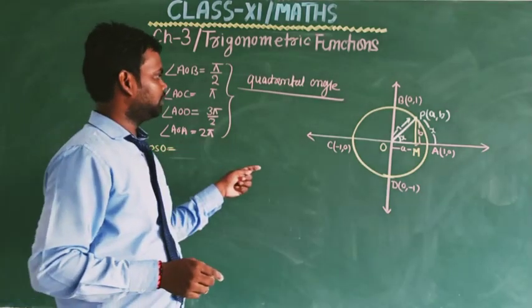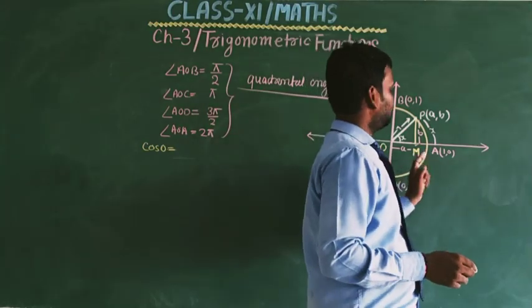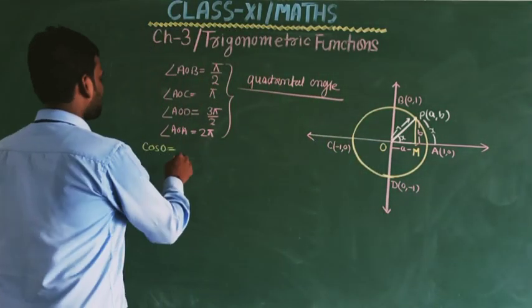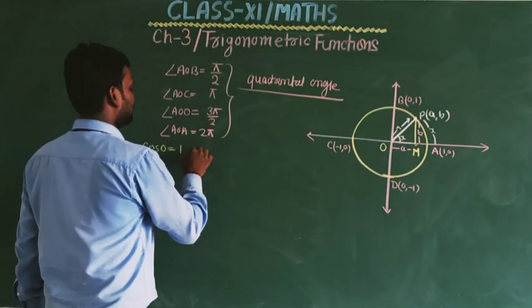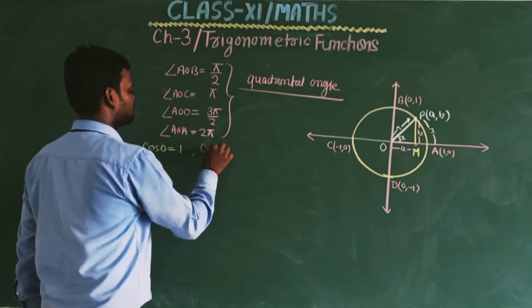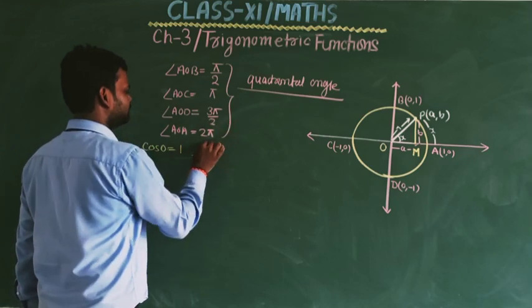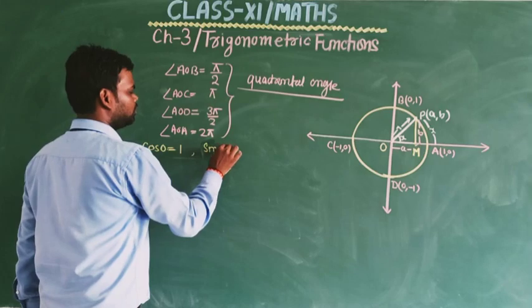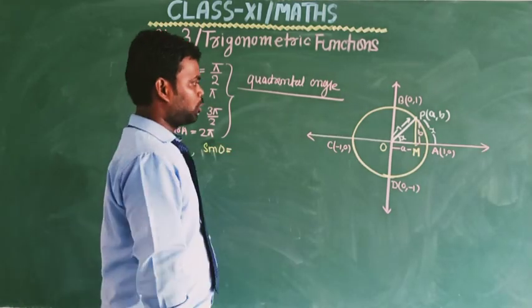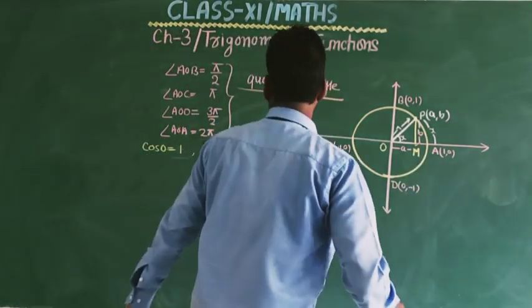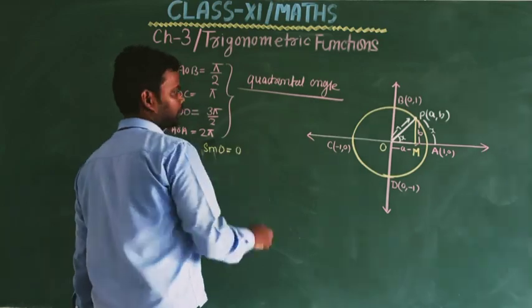Cos 0 degree equal to 1, and sin 0 degree equal to 0.